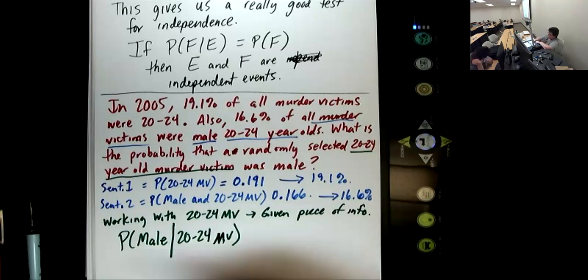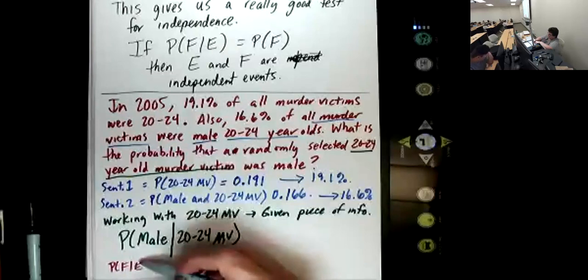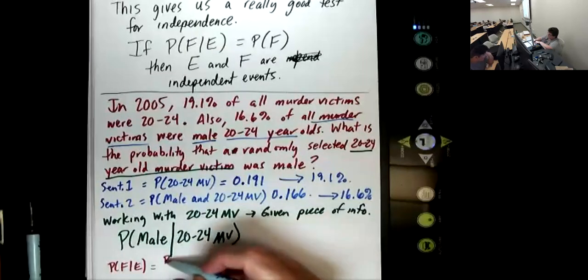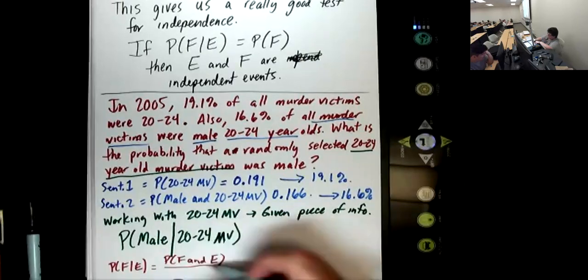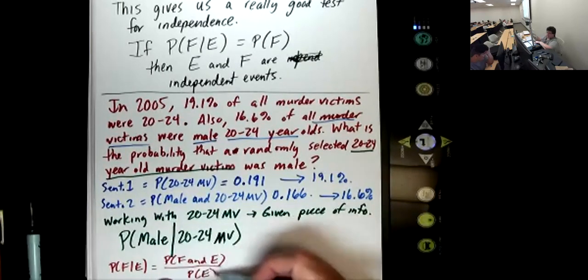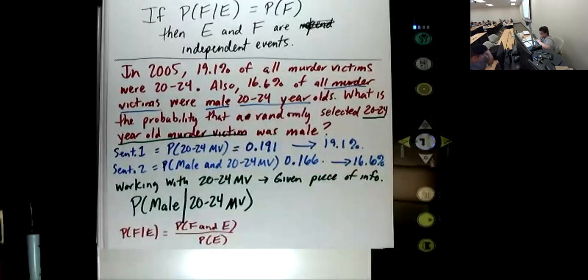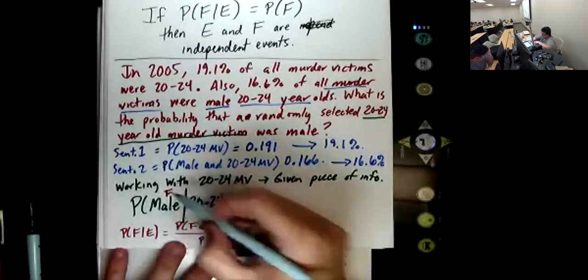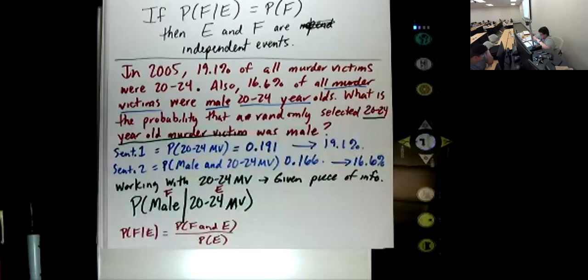As a quick recap, we're doing probability of F given E equals probability of F and E over probability of E. That's our formula. So it looks like male is the F part and the 20 to 24-year-old is the E part.